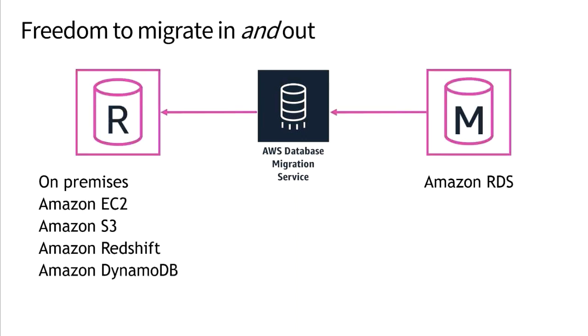So you can also migrate the data out. I would say that this is more common in the case of replication, where you have an Amazon RDS database, but you also need to replicate the data to a different location, which could be on AWS or even on premises or another cloud or wherever you need to replicate the data or migrate it. You can do that as well. So we really believe that you should have complete freedom to move the data in and out at any time, and you should be able to do that at a low cost.